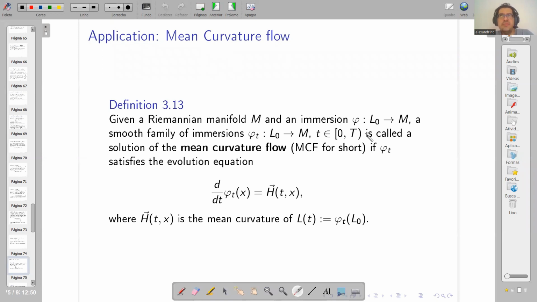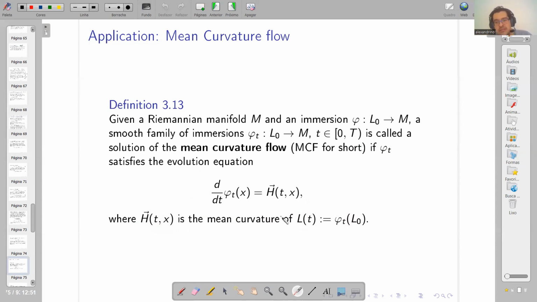Luis told us a little about that, a lot about that. I will not do as good a job as Luis, but I intend to do mean curvature flows for actions, for example. So what is a mean curvature flow? You have an immersion, you have a smooth family of immersions, okay? And a mean curvature flow is a family of those immersions that fulfill this equation, where this is the mean curvature vector of your immersion.